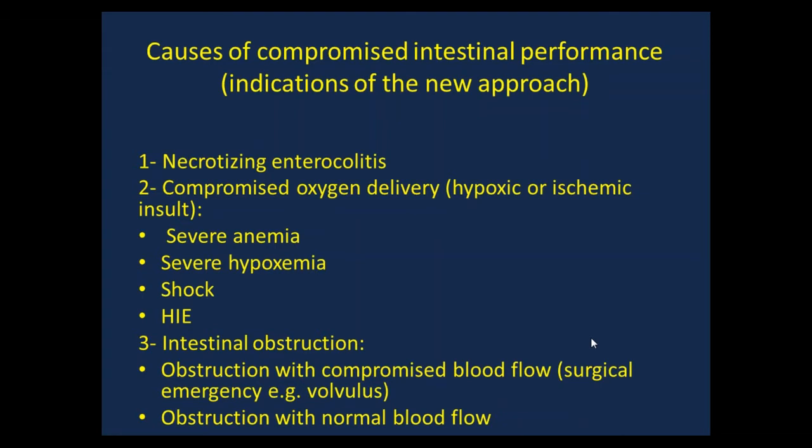And the third category, intestinal obstruction. Intestinal obstruction can be associated with compromised blood flow, like volvulus, which should be considered a surgical emergency. But obstruction can also occur with normal blood flow. So our approach is helpful to assess all of these three categories. And in our presentation we'll focus more on necrotizing enterocolitis.